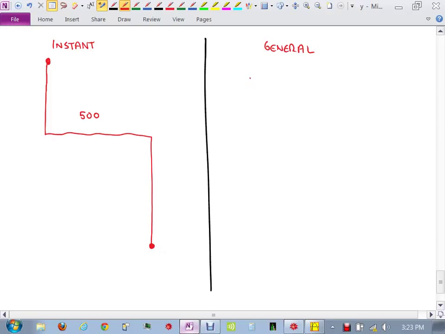These pictures are going to look pretty much the same. In the general picture, can I keep the 500? Now, at the instant in time, 15 minutes after the woman starts, that's 900 seconds after she starts. That's 1,200 seconds after he starts. How far has he gone?